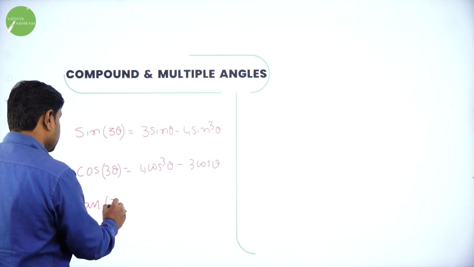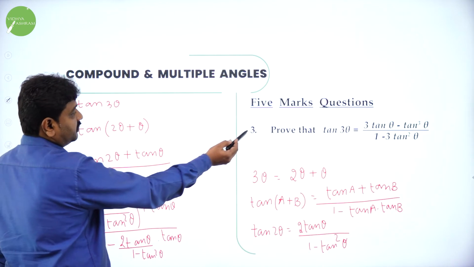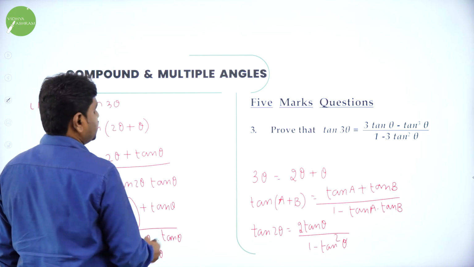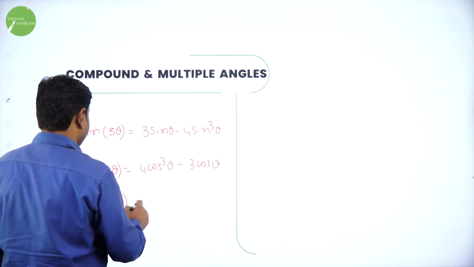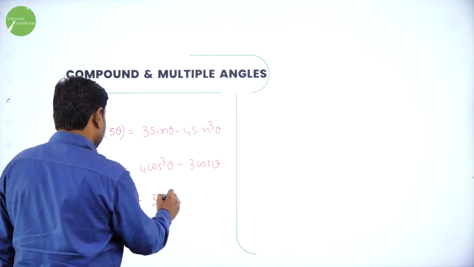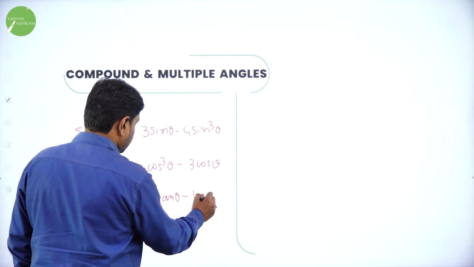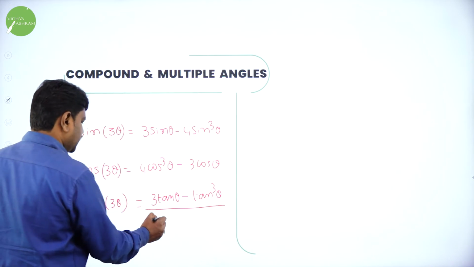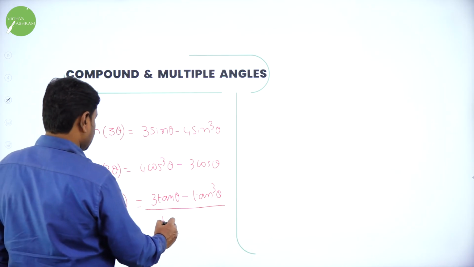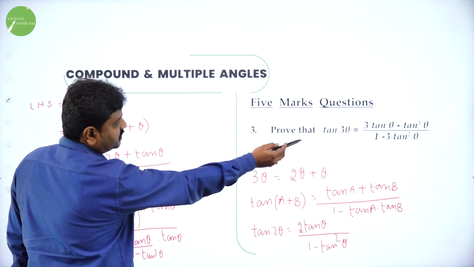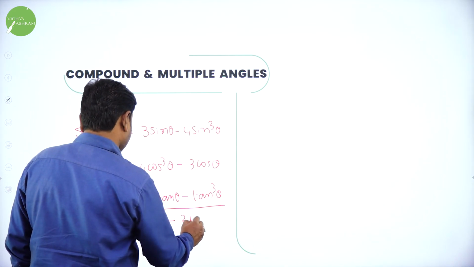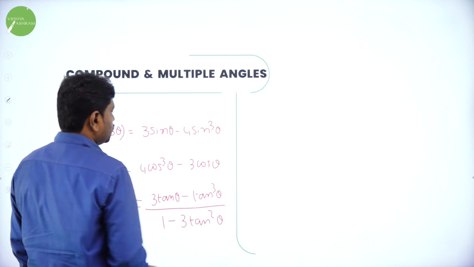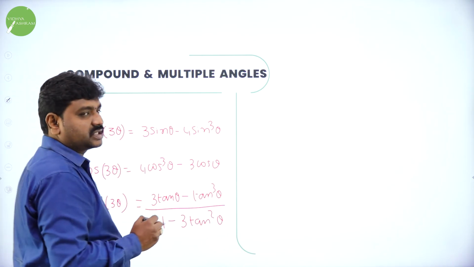We just now derived that: 3 tan theta minus tan cube theta divided by 1 minus 3 tan square theta. For any tan, the first term in the denominator is 1 minus 3 tan square theta.